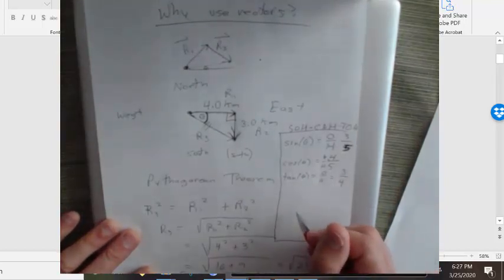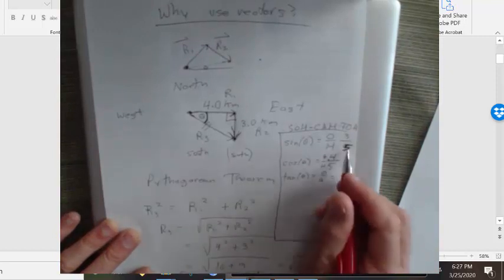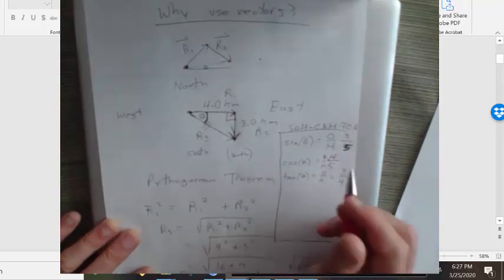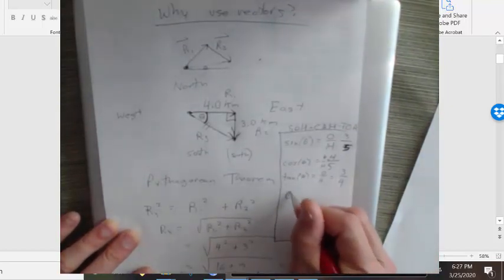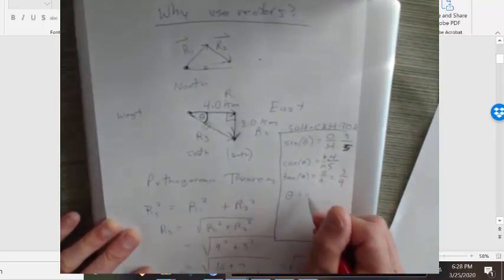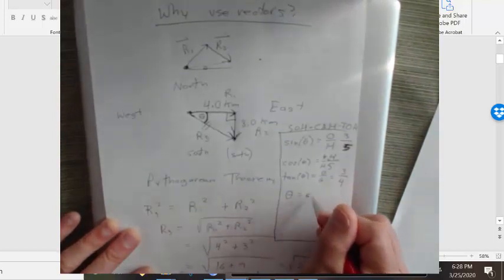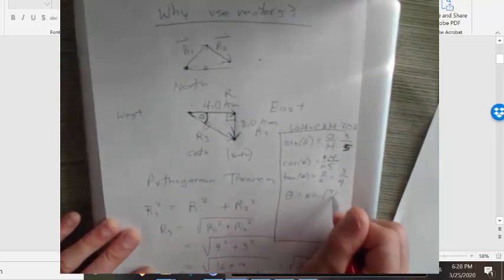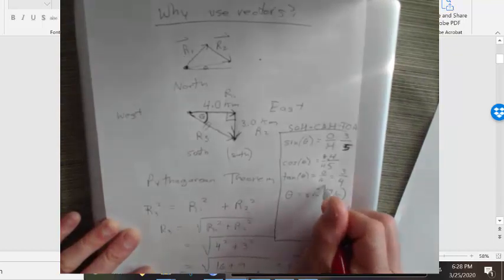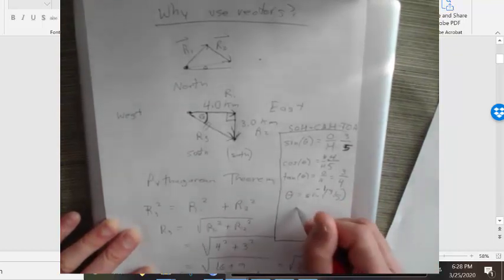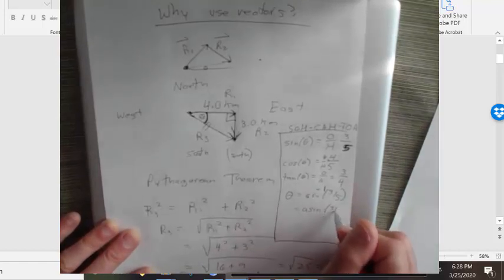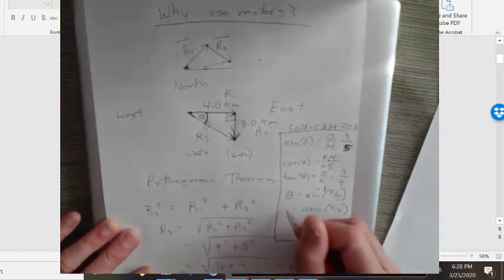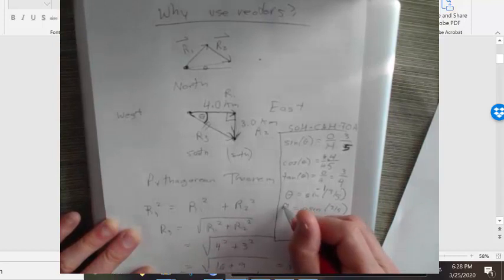So let me find the angle theta. I could use any of these 3 relationships, and it should give me the same angle of theta, and I encourage you to try it. If you take theta equals the inverse sine of 3/5, put that in your calculator. You might also see it written as a sine or arc sine. It's another way to find the inverse sine.